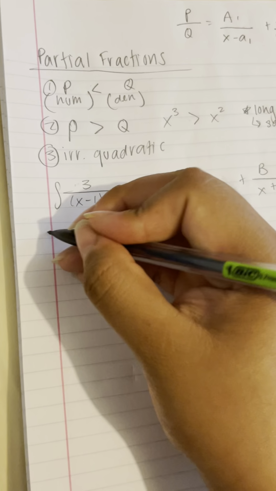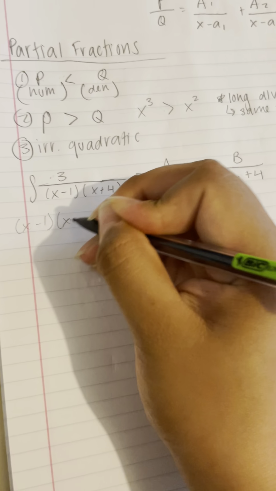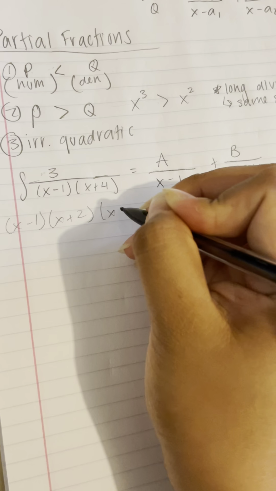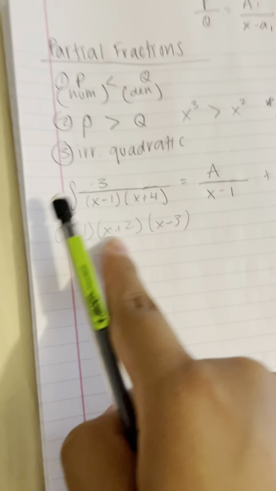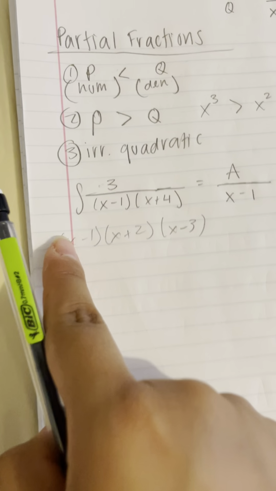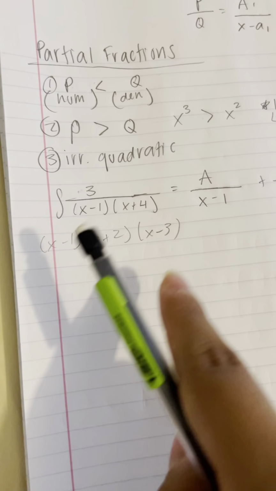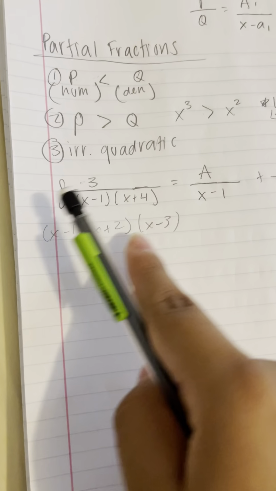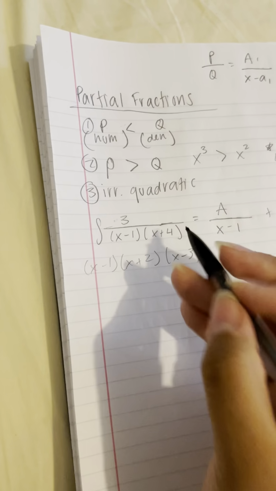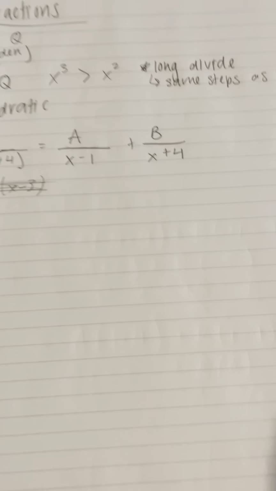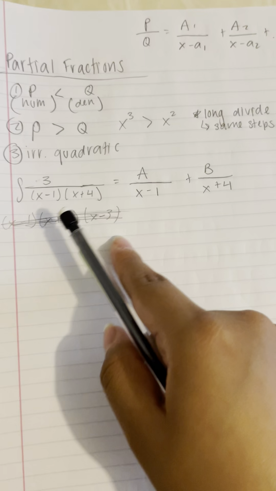So let's say you had x minus 1, x plus 2, x minus 3. Then you would have a over x minus 1 plus b over x plus 2 plus c over x minus 3, and so on.